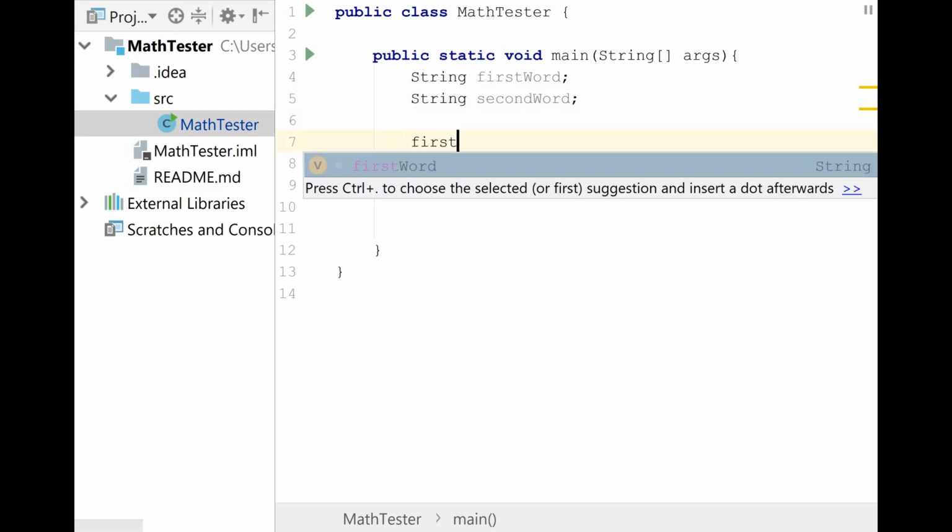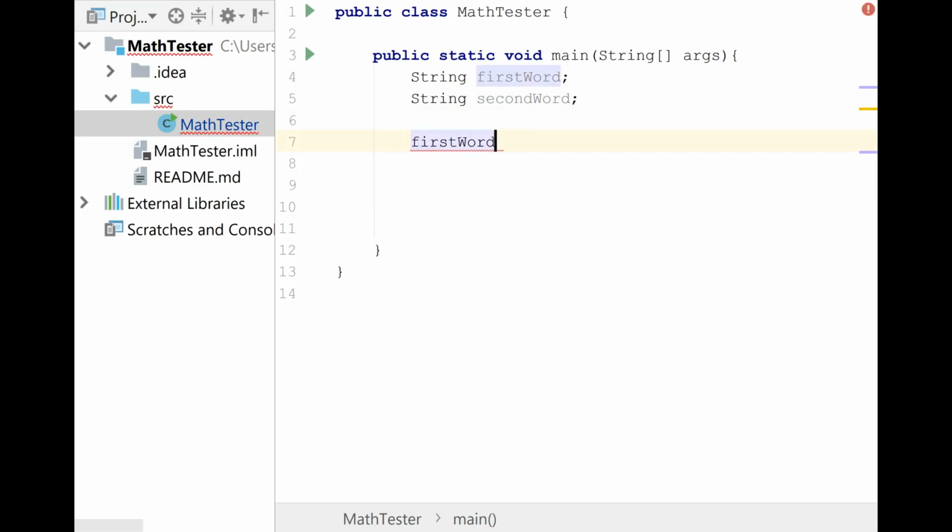I can say firstWord equals, and let's just call this dog. And you do it in quotes, "dog". And secondWord is equal to, let's call it "house". Finish it off.